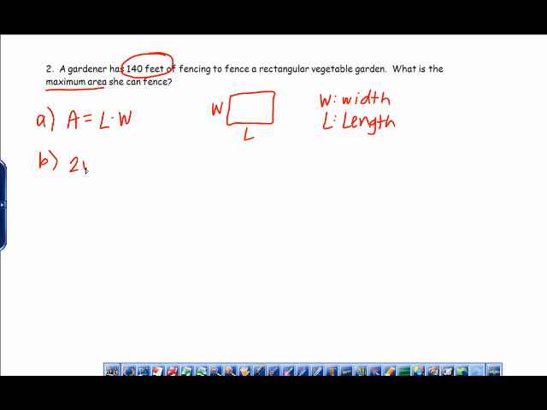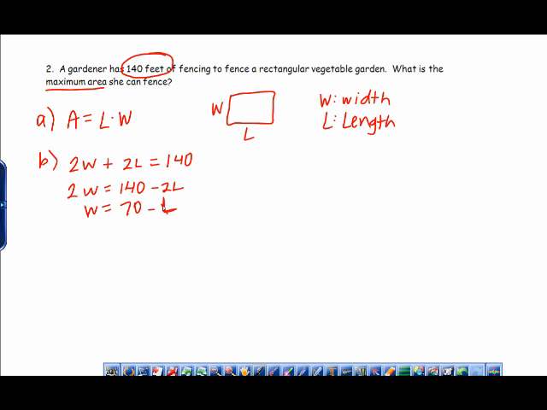So that's going to tell us that 2W plus 2L equals 140. Now, we need to solve. It doesn't really matter here if we solve for W or for L. So I'm going to go ahead and solve for W. First of all, we would have 2W equals 140 minus 2L, so that W equals 70 minus L.